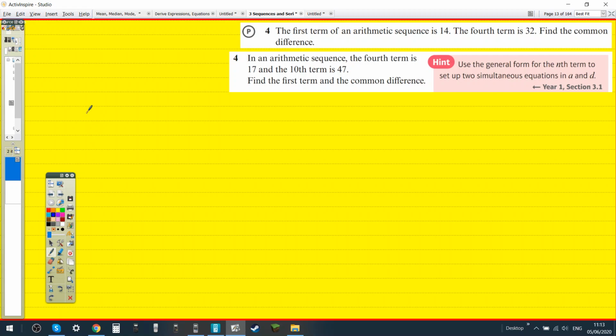Let's see. The first term in the arithmetic sequence is 14. The fourth term is 32. I think you'd have to divide it by 3. It's not times, it's plus the common difference each time.